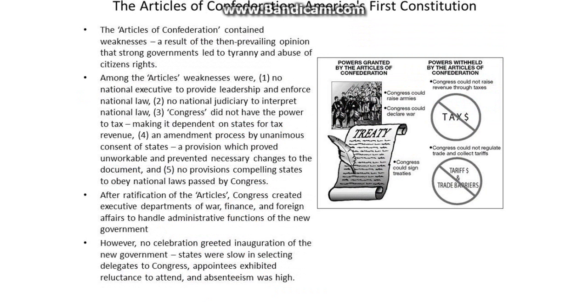The Articles of Confederation contained weaknesses, a result of the then prevailing opinion that strong governments led to tyranny and abuse of citizens' rights. Among the Articles' weaknesses were: there was no national executive to provide leadership and enforce national law, no national judiciary to interpret the law, Congress did not have the power to tax, making it dependent on states for tax revenue.